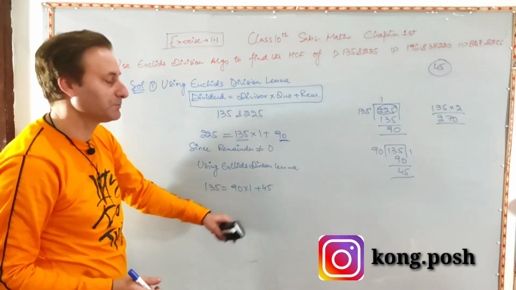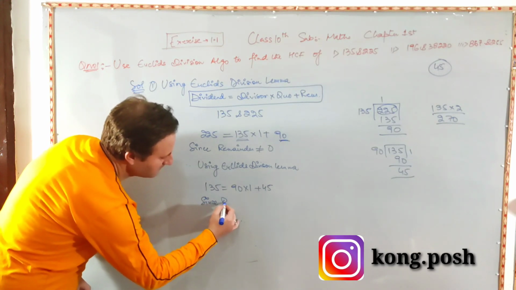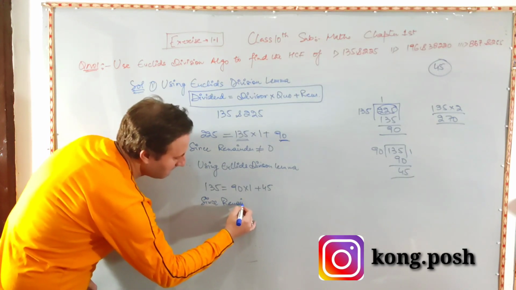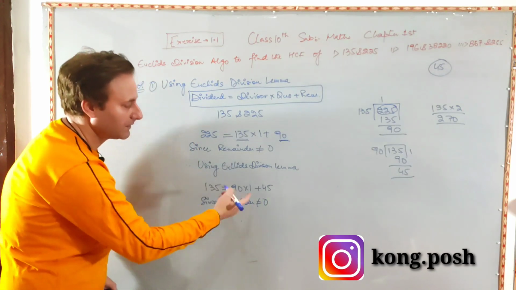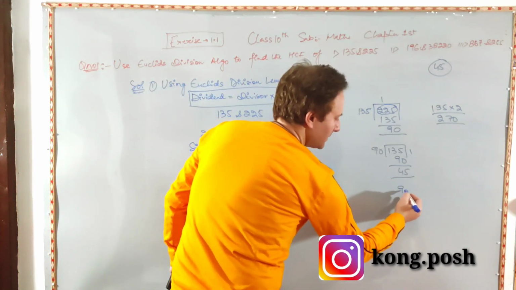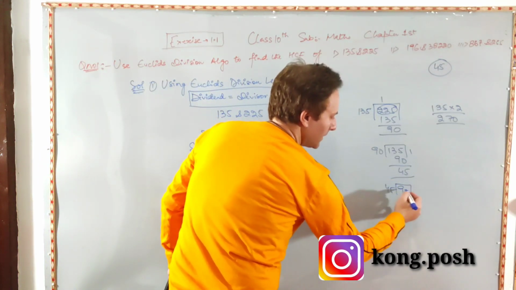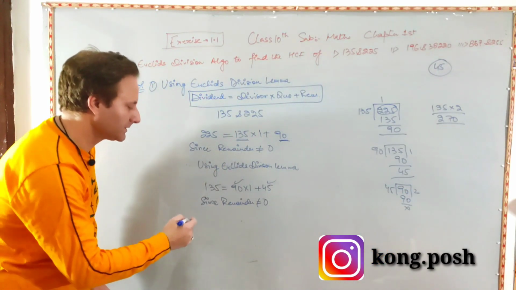Still the 0 is missing. So I'll write again, since remainder is not equal to 0, then again pick these two, 90 and 45. 90 divided by 45, 2. 45 multiplied by 2 is 90.